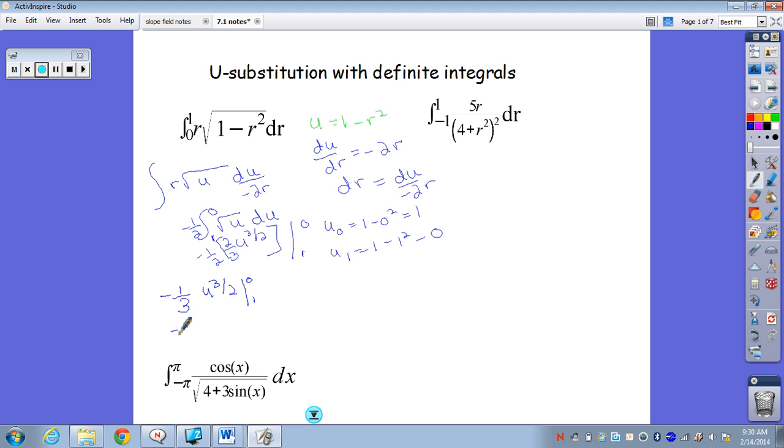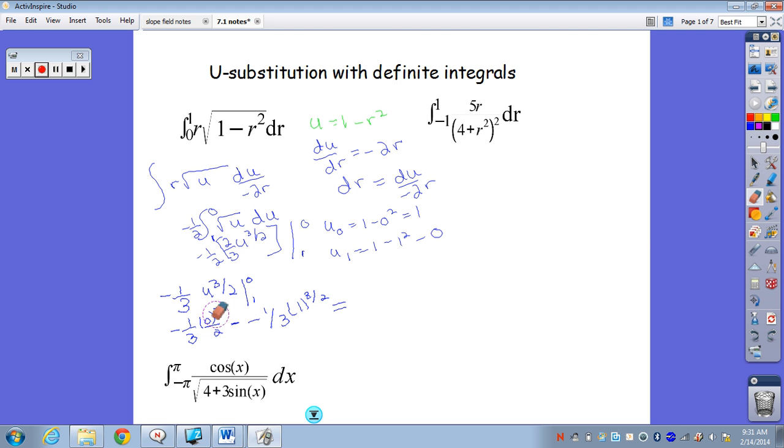So I'm going to plug in my upper bound of 0. And then I'm going to subtract the result of plugging in my lower bound of 1, times negative 1/3. And then 0 to the 3/2.